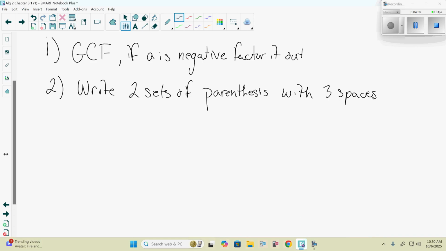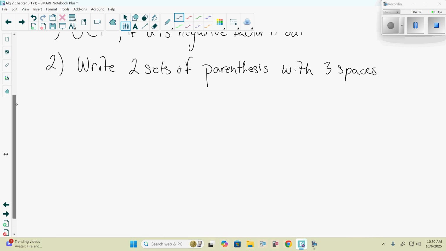Now, our 3 spaces is more just to help us space the parentheses out. Now that brings us to step number 3, to find the signs.